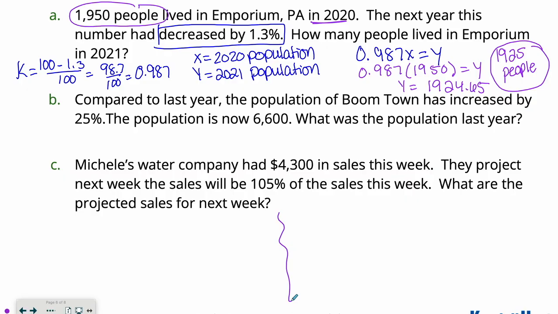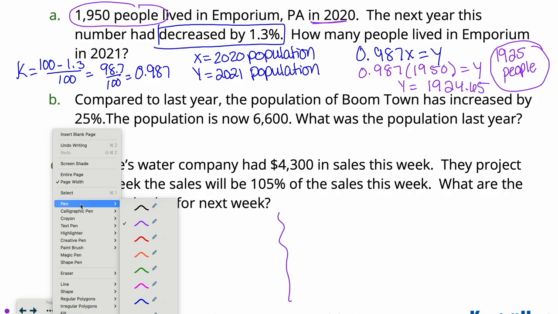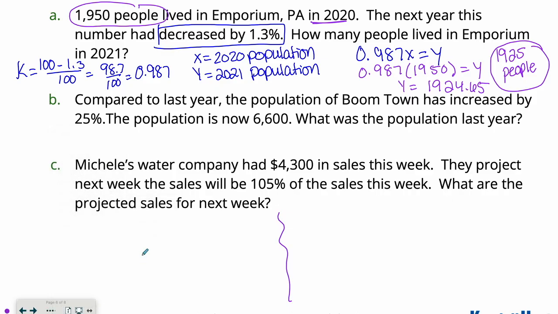Letter B, compared to the last year, the population of Boomtown has increased by 25%. The population is now 6,600. What was the population last year? So we have an increase of 25%. 100 plus 25 is 125%.